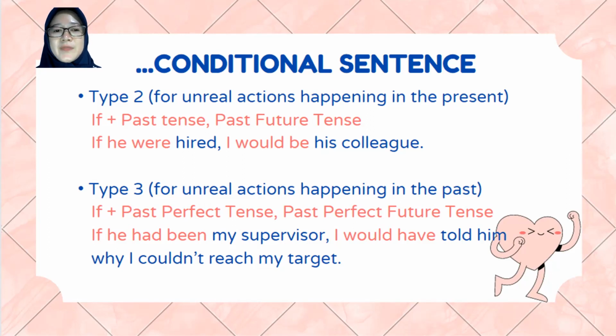Okay. And the third type is for unreal actions happening in the past. Something that we wish had happened in the past. For that, you use past perfect tense, and the main clause in the past perfect future tense. A bit confusing, I know. Okay, just look at the example here.